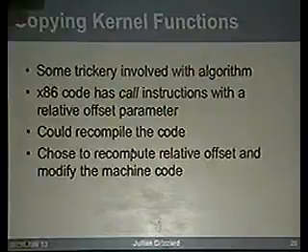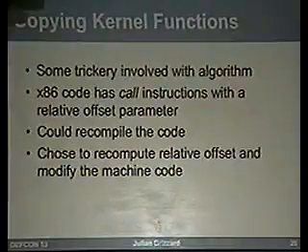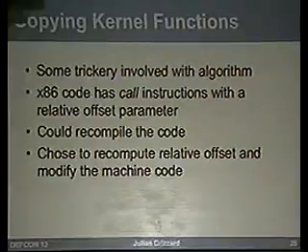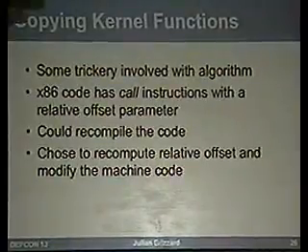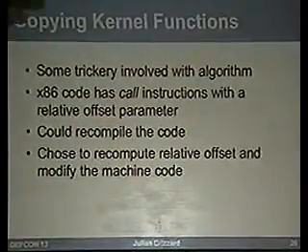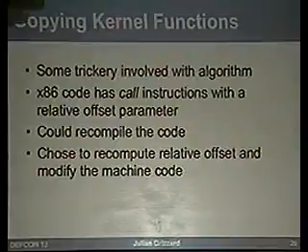Okay, just want to give you guys some details on it, it's not quite that simple. You can't just copy stuff over. When you copy code around in memory, x86 code has these call instructions with relative offset parameters, so you have to adjust them, basically relink them into the kernel. You could recompile the code if you know where it's going to be loaded, but I chose just to recompute those relative offsets as I was inserting each system call into memory.